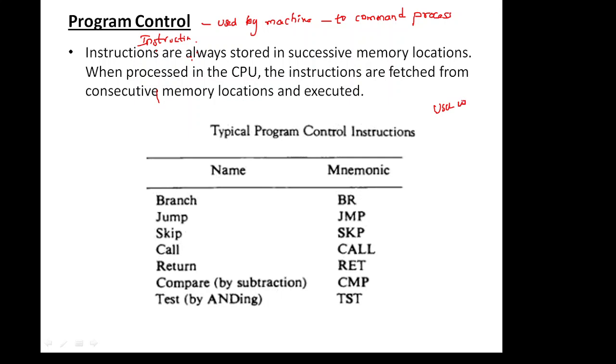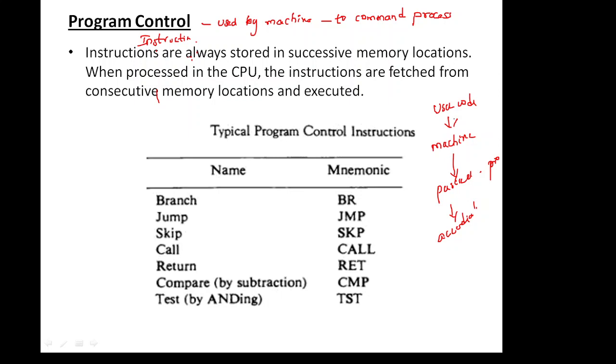First this user code is going to be translated into machine code. After that, these instructions are passed to the processor, so that the processor will act accordingly. That is the importance of program control instructions.